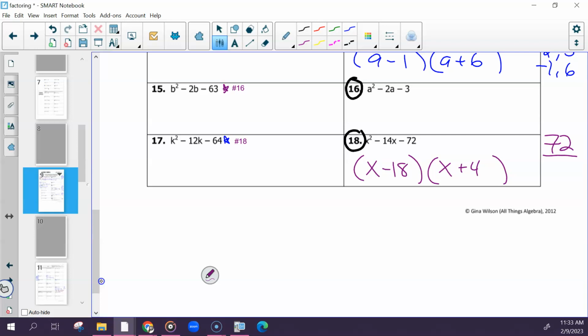One and 3. There's only 2 factors. One of them has to be negative. Which one would be negative? The 3. So then our 2-factor answers would be A minus 3 and A plus 3.